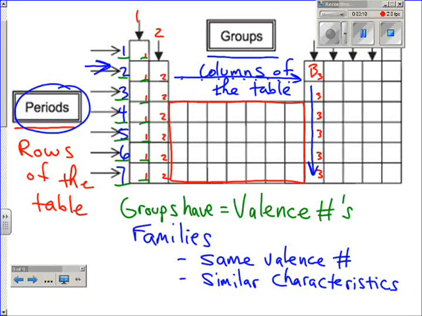When we talked about these numbers, like the 1 and the 2, hopping across to the 3, you would have seen a 4 and a 5 as the valence number. Those numbers are getting bigger as you go across the table from left to right, going from a 1 all the way up to an 8 on the far right.